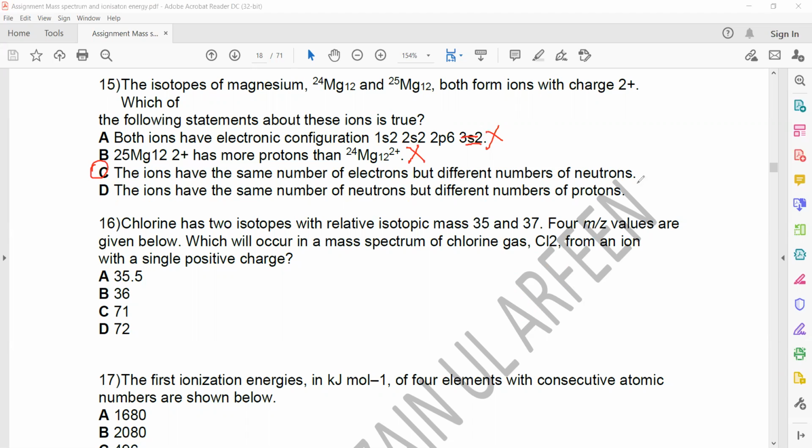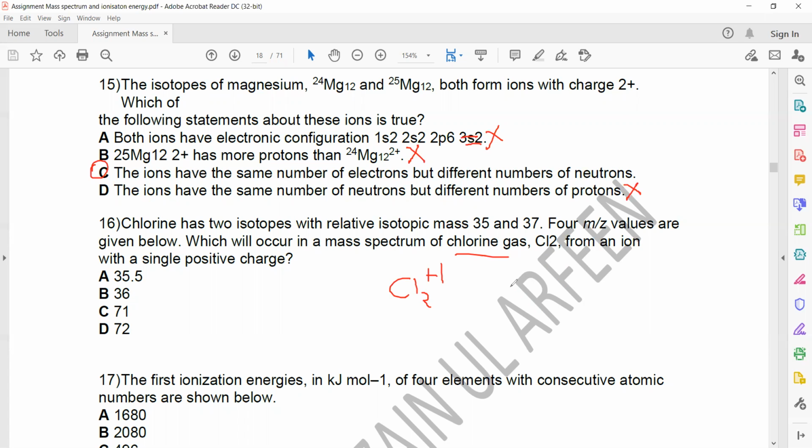And the last statement, ions have the same number of neutrons but different protons. That's wrong. Chlorine has two isotopes with relative isotopic masses of 35 and 37. Four mass to charge values are given which will occur in the mass spectrum of chlorine from an ion of single positive charge. Chlorine gas is actually Cl2, and we want the plus 1 because the charge is plus 1.